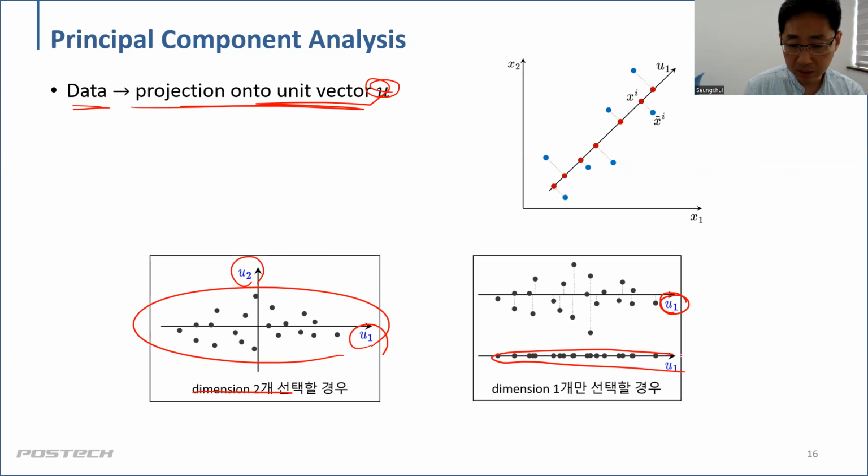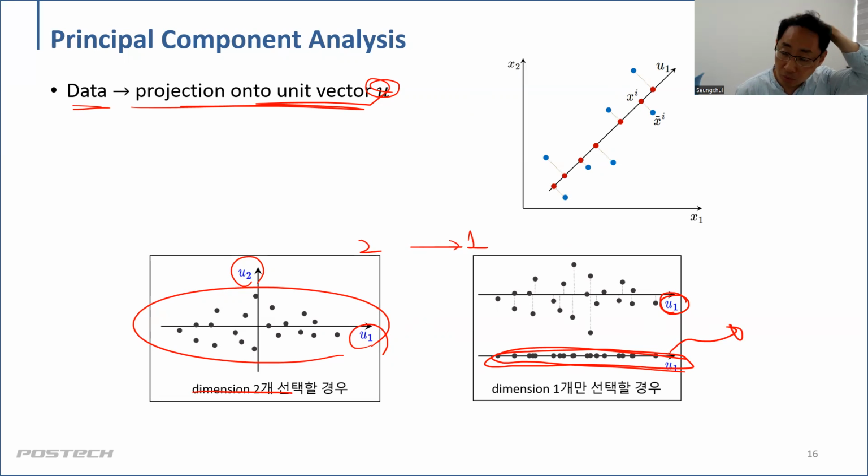This is going to be the dimension-reduced data set. So basically what we did is go from 2 down to 1. And after that, you can do regressions, classifications, whatever you want to do.